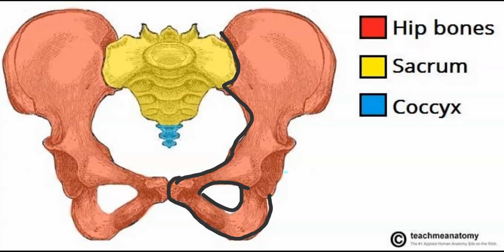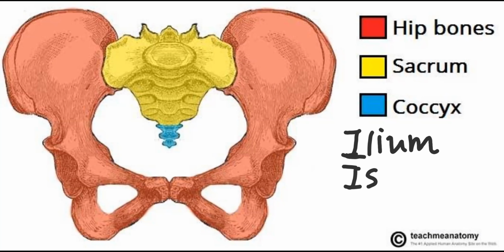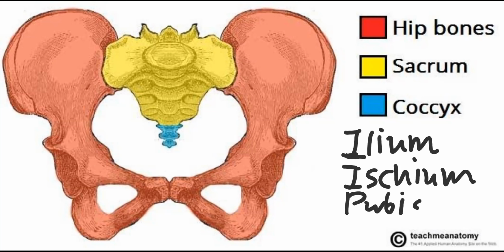Actually, each coxal bone itself is made up of 3 different bones: ilium, ischium, and pubis. Ilium, ischium, and pubis are the 3 bones which constitute the coxal bone.